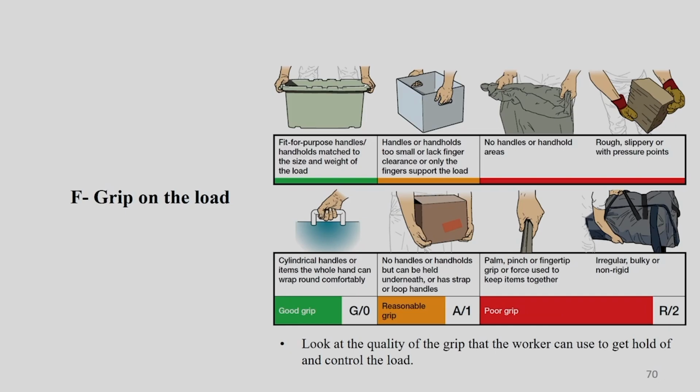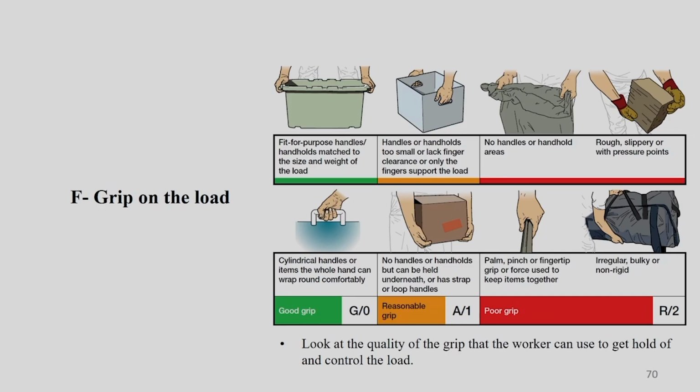Or lack of finger clearance, or only the fingers support that particular load. In such cases it is amber. Or if you do not have any handle or handhold but it can be held underneath, or a strap or loop handle, in those cases you have amber, or reasonable grip.